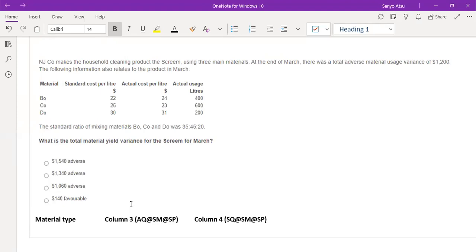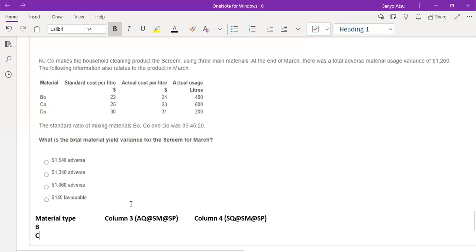We make household cleaning products using 3 materials. At the end of March, there was a total adverse material usage variance of 1,002. The following information also relates to the product in March.